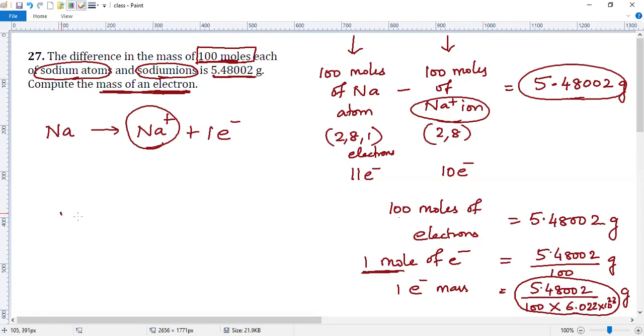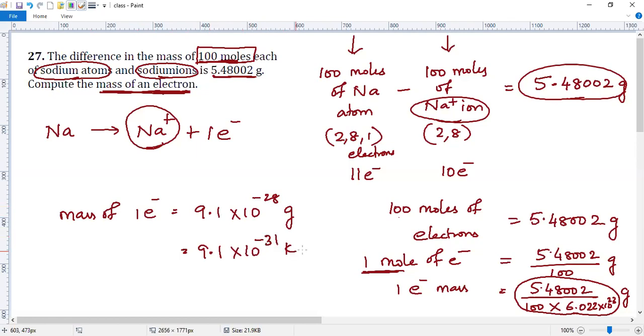So mass of one electron is equal to 9.1 into 10 power minus 28 in grams. If you are writing in kg, add another minus 3 to the power. So that will give you 9.1 into 10 power minus 31 in kg. Either this or this could be the answer.